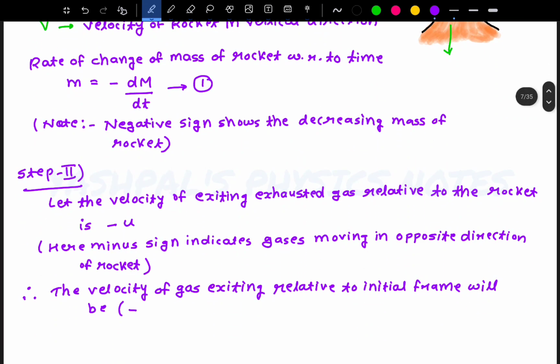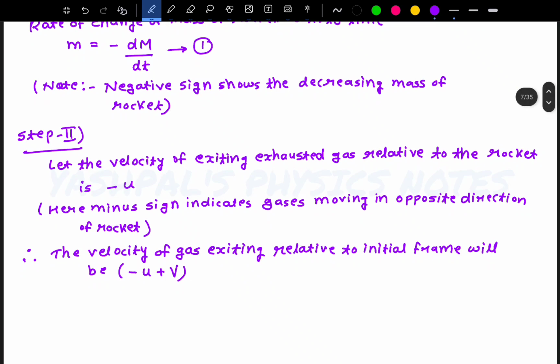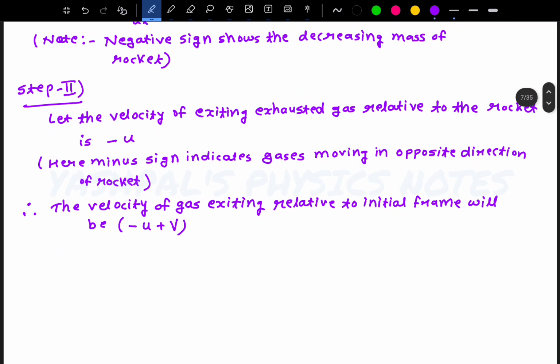So after adding both, we can write minus u plus capital V. So this is the velocity of gas exiting relative to the initial frame. So this was our step number 2.